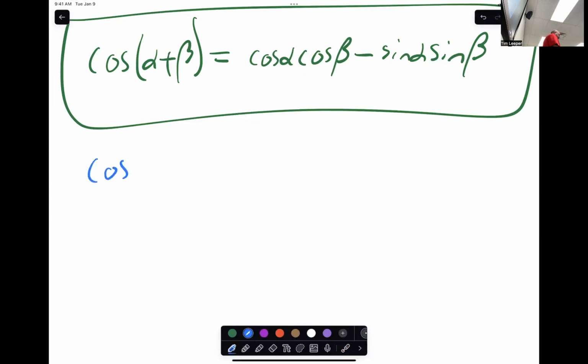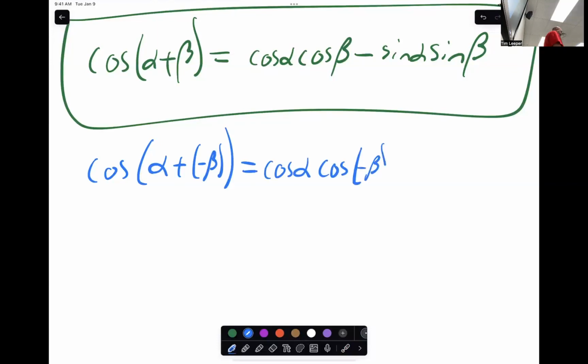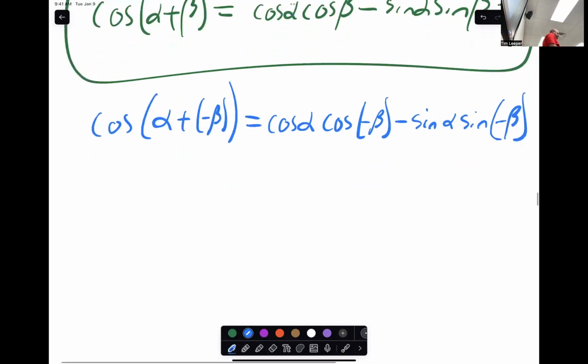So in other words, if I had cosine of alpha plus negative beta, well, using the formula here, that would be cosine of alpha times cosine of that negative beta, minus sine alpha times sine of that negative beta. Now, plus a negative is just minus, right? So it means that we're going to have cosine of alpha minus beta. That's exactly what we want to figure out here, the cosine of the difference.